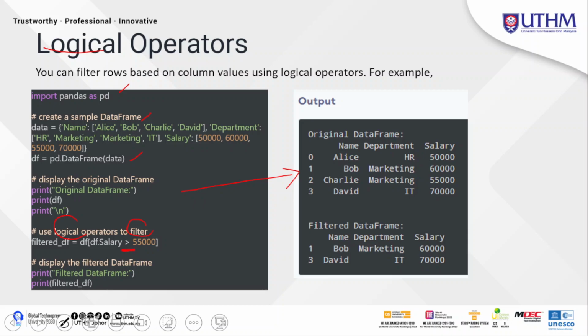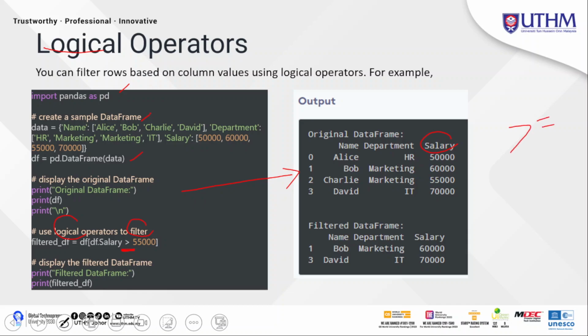The greater than. Filter the data set, which is equal to df bracket df dot salary. So we want to check the salary column. Target the salary column, where the salary is greater than 55,000. So 55,000 is not included because there's no equal sign.